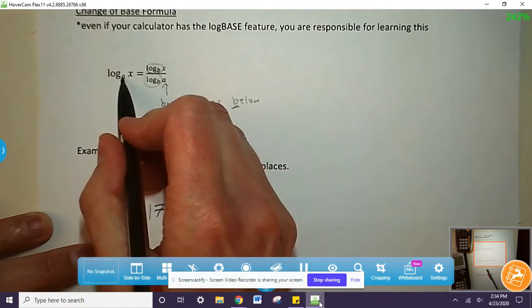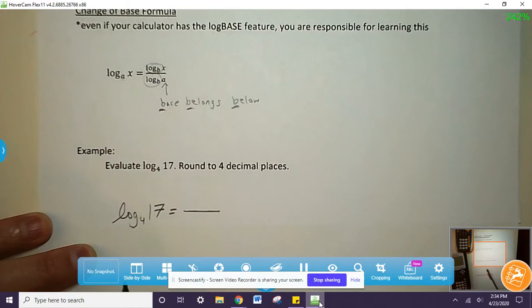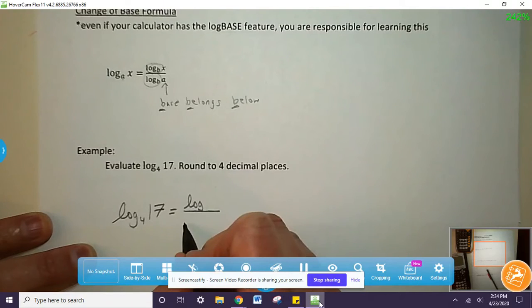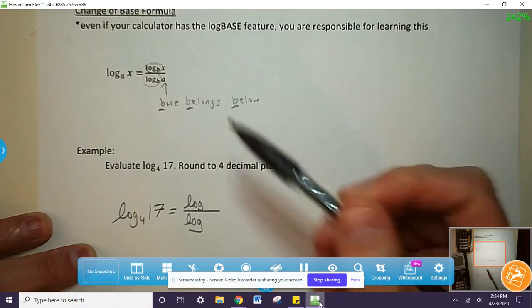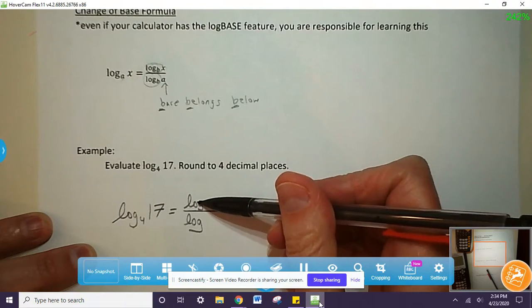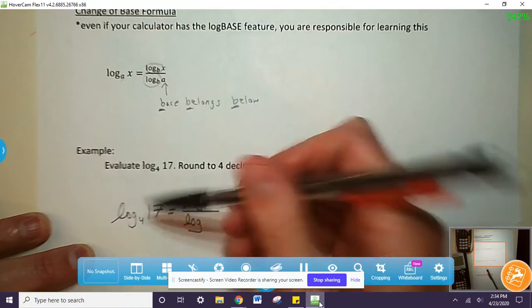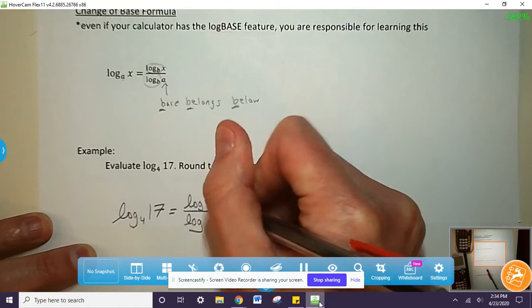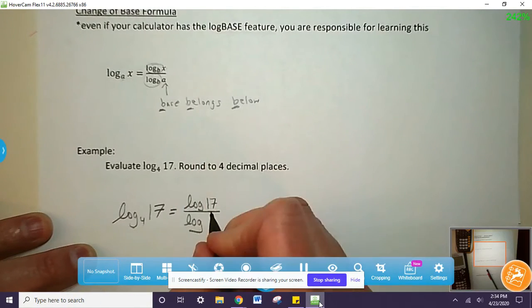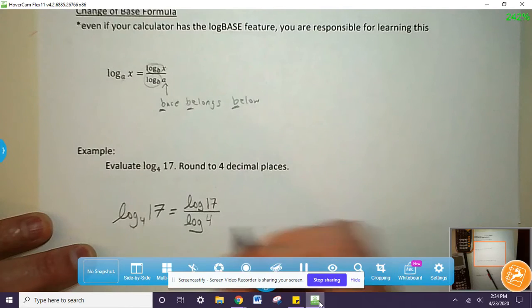So what we do is we make a fraction. We use our base up top. Okay, so you do common log up top, common log on the bottom. So I'm using base 10 for these. What we are taking the log of goes inside. The old base goes inside the log on the bottom. So that's what we're looking at.